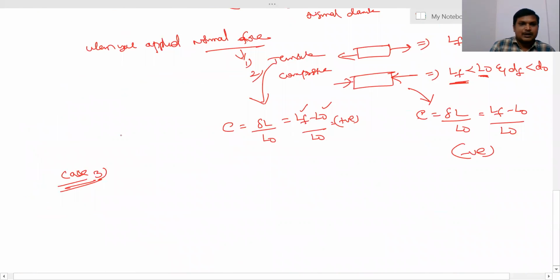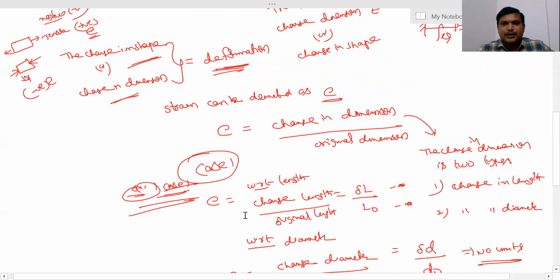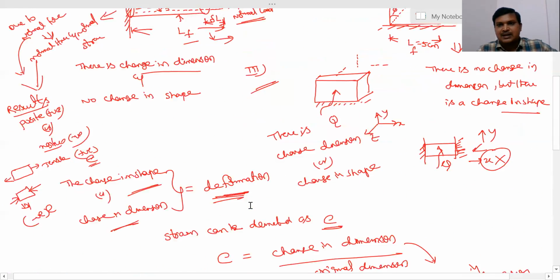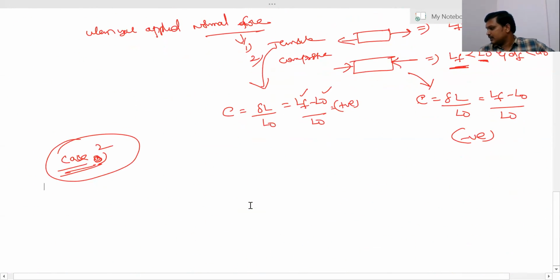So I'm going to case 2. In case 2, the observation is that there is a change in the shape, but no change in the dimension. Is it clear? I'm talking about tangential forces.